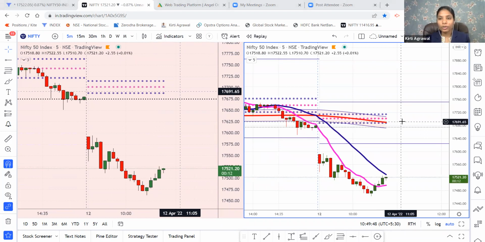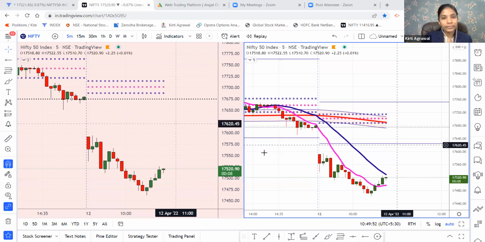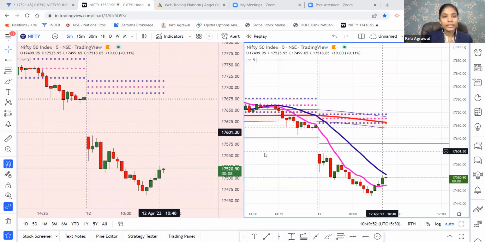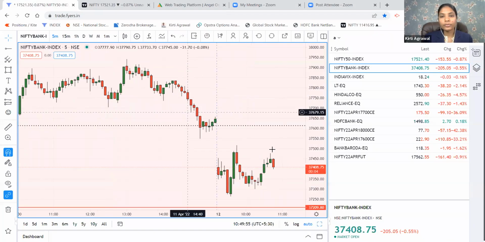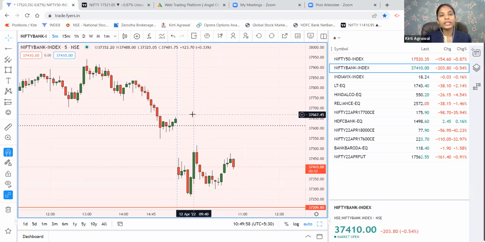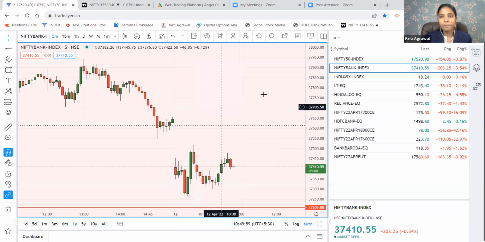It means almost a 150 points kind of recovery we may get in the Nifty, and a 300 to 500 points kind of move in the Nifty bank as well. So Nifty and Nifty bank all are good.